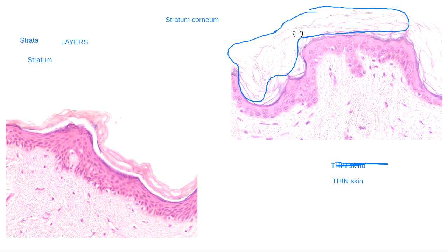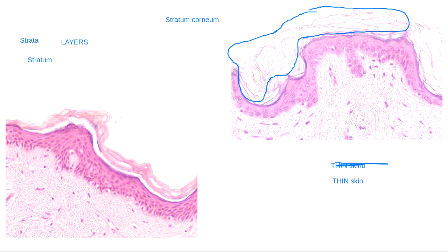So stratum corneum is this outer layer of cells that I see out here, or down here as well. All those cells that are falling off the keratinized stratified squamous epithelium are part of a layer called stratum corneum. So the outermost layer of the epidermis is called stratum corneum.